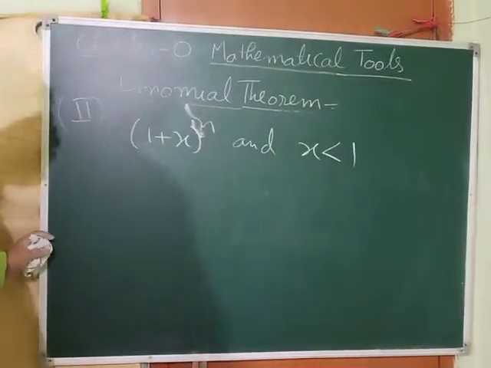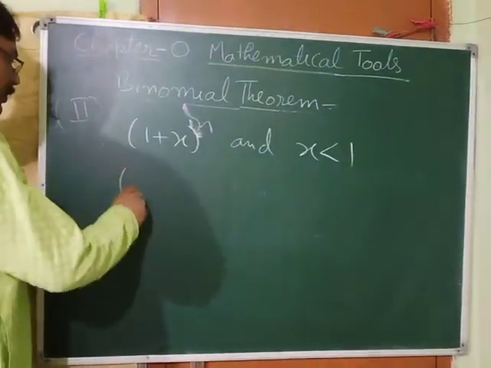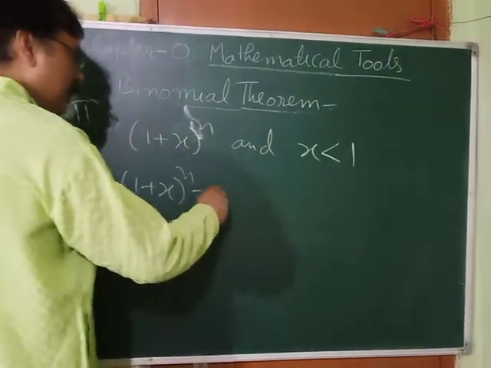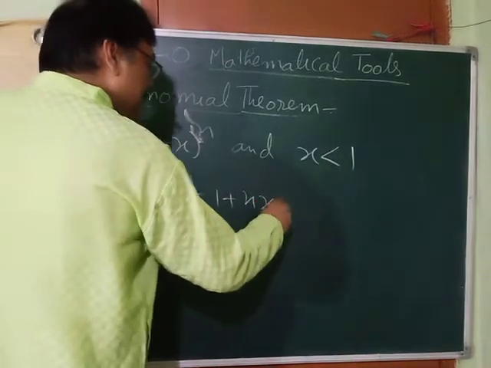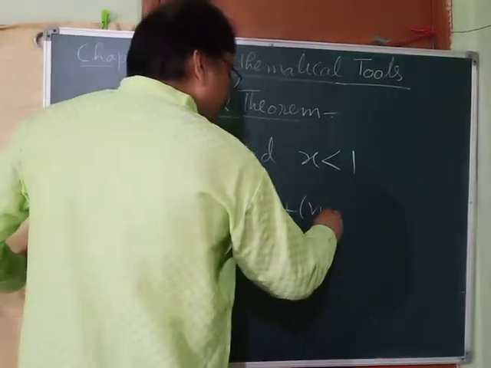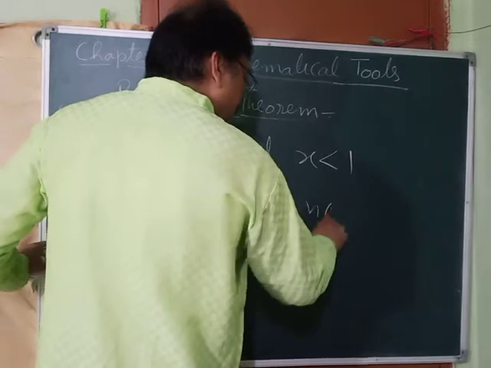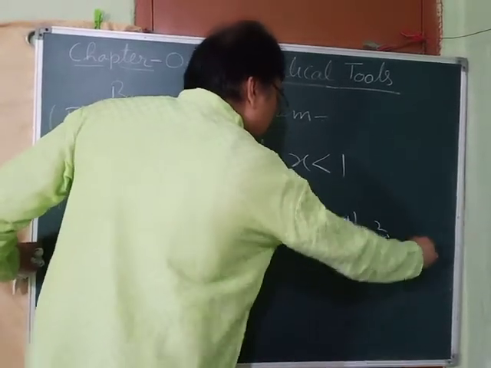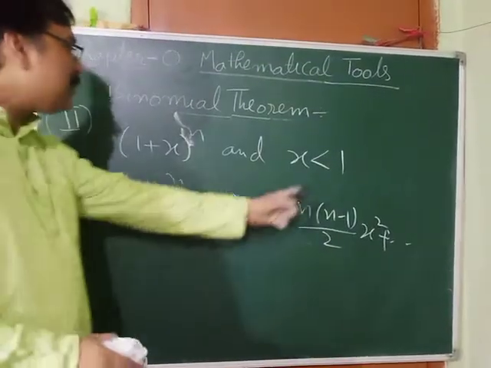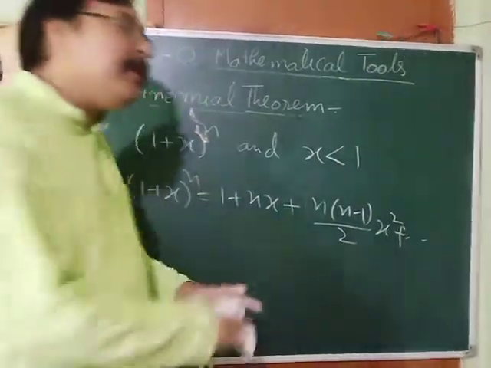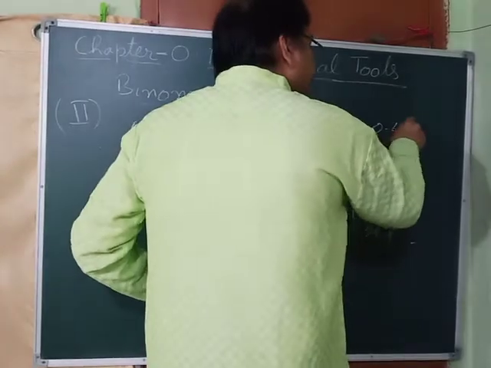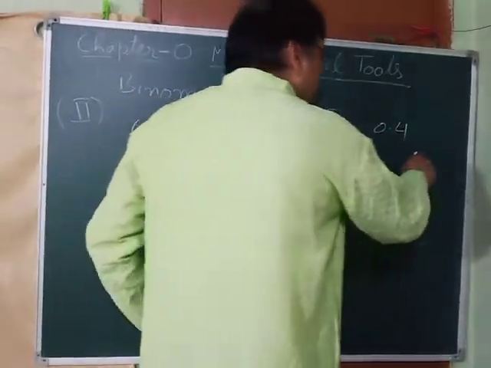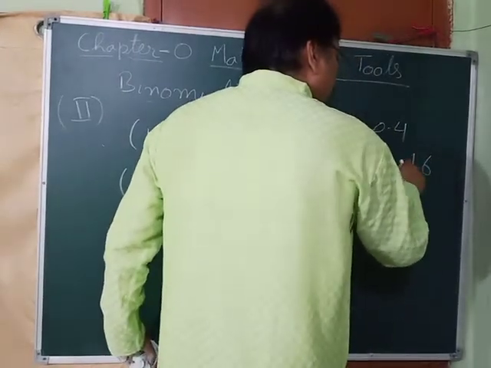Then you can write 1 plus x raised to the power n. You know very well what you will get: 1 plus nx plus n into n minus 1 upon 2 x square, and this way it will keep on going. As x is less than 1, obviously it will be in decimals. Suppose it is 0.4. The square of 0.4 is 0.16.